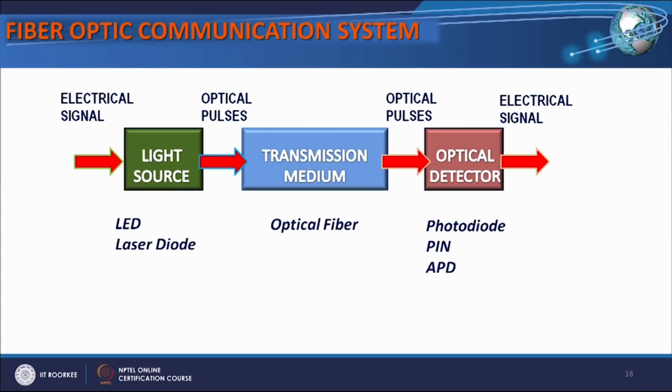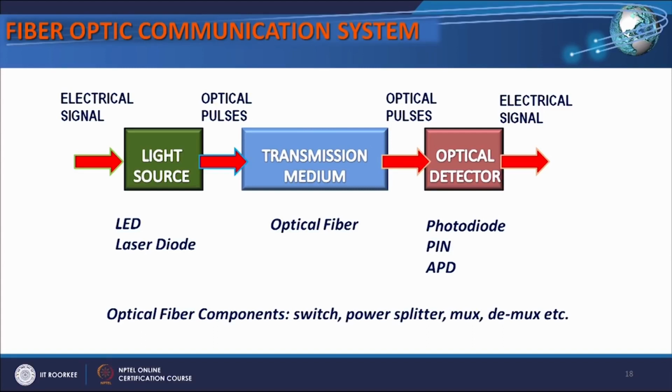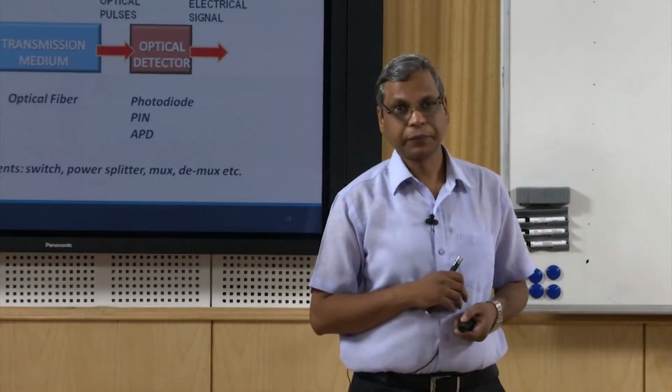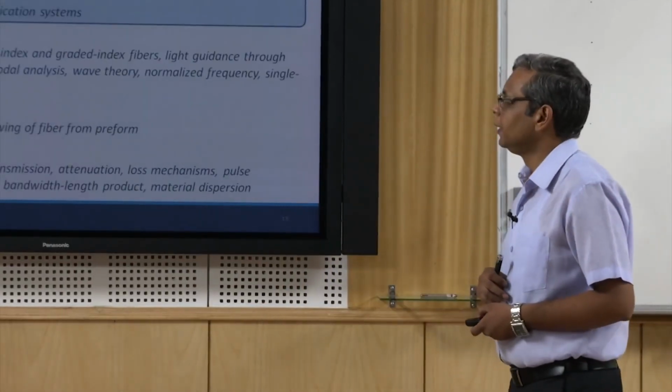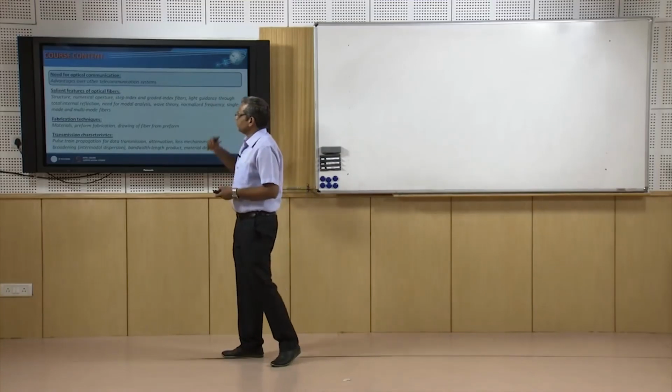So, we are going to study about photodiode, PIN detector and avalanche photodiode APD. Apart from these, we will also study various components which are required in telecommunication system, for example, power splitter, polarizer, multiplexer, demultiplexer, okay, all these components which are made up of fiber itself. So, this is the course content.